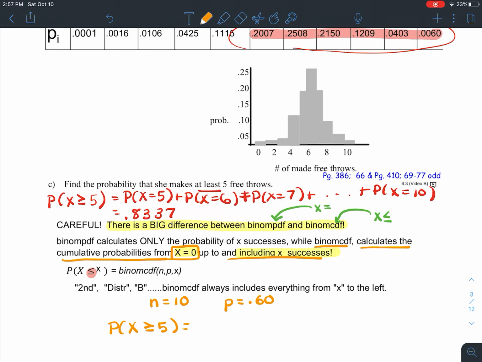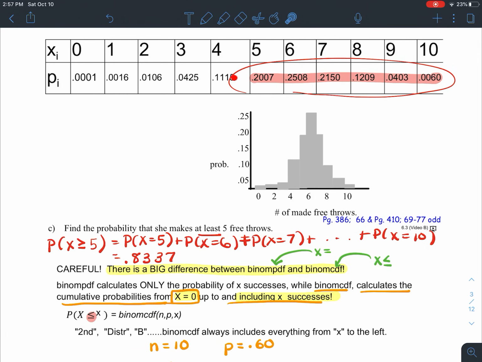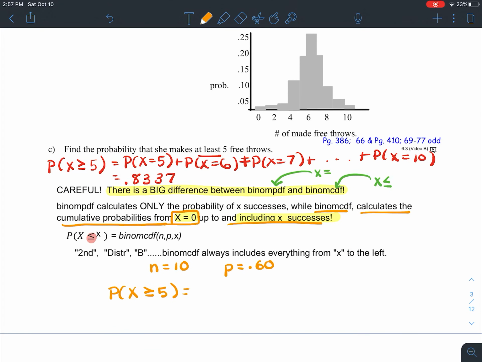And so we have to rework this a little bit and say, well, if I want everything greater than or equal to 5, I'm going to use the table here as an example, what we're not wanting to count is everything that is 4 or less than 4. Those are the pieces we're wanting to omit. And so the way that we would want to write this is 1 minus the probability of everything less than or equal to 4.